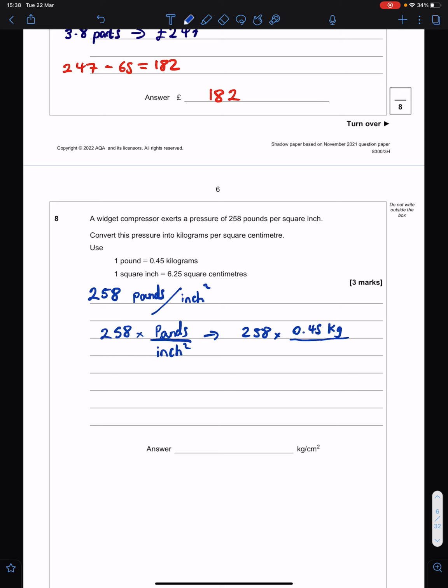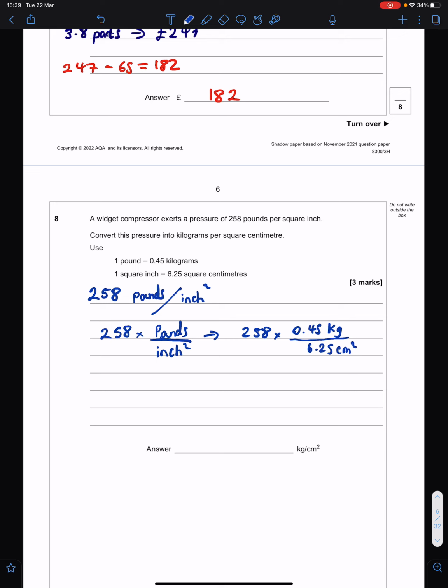So I can just change the inch squared to 6.25, like that. And now I can actually just calculate that. And that's 6.25 cm squared, specifically. Always put the units. And now I can just simplify this fraction. So I can do 258 times 0.45, then divide the answer by 6.25. And that's going to be some number, and that's going to be kilograms per centimeter squared.